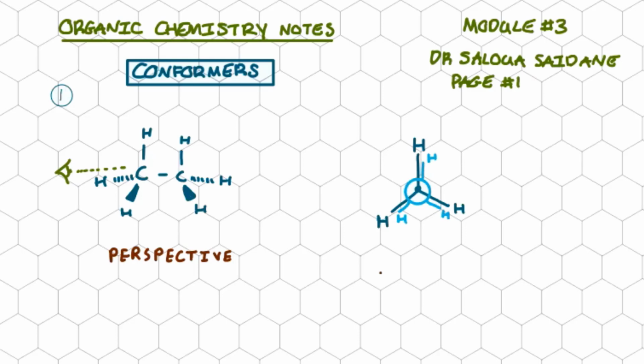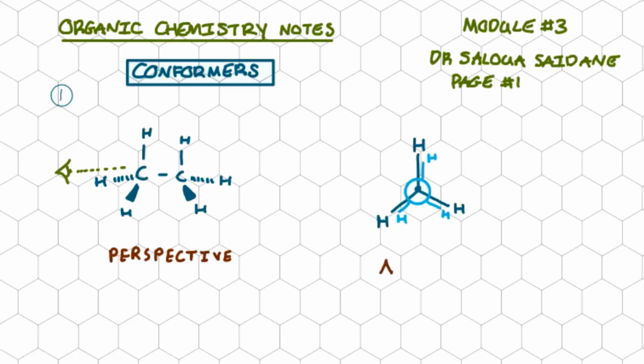In these 2 carbons, the 6 hydrogens attached are in alignment with each other. There are 2 hydrogens coming towards us from the bottom, 2 hydrogens going upward, and 2 hydrogens going inside the page a little toward the bottom.